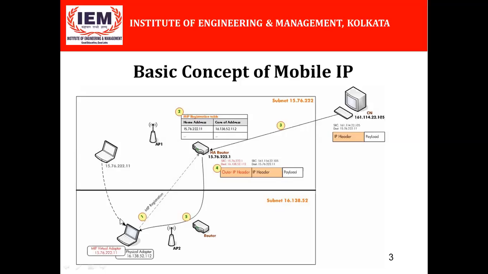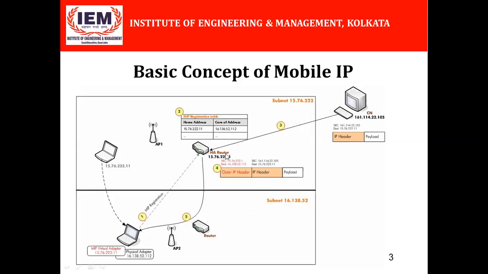Now what happened? We are observing there are two addresses written over here. One is the MIP virtual adapter address, which is exactly the same as the previous one under access point 1, and the other is the physical adapter address, which is not the virtual adapter address, and is exactly like the subnet address of the second one.